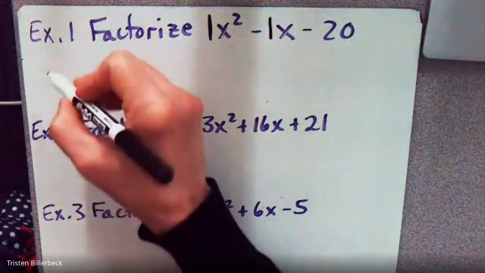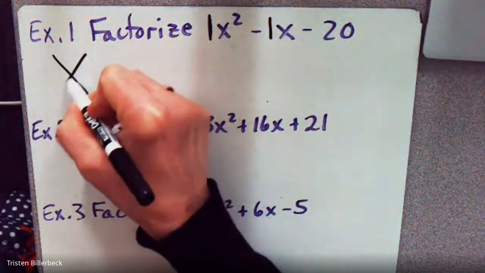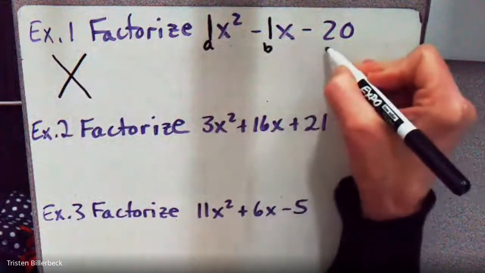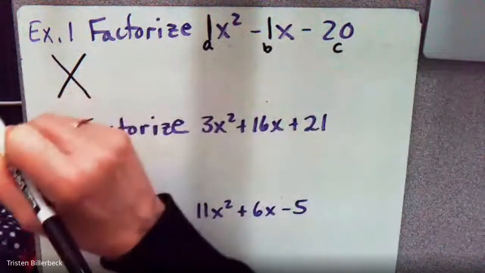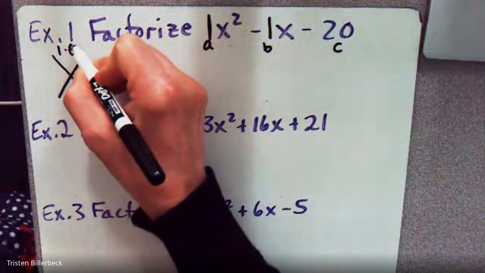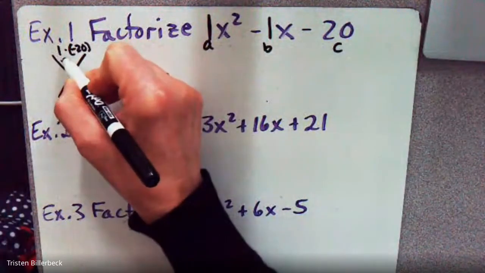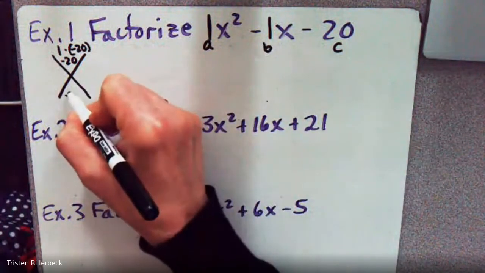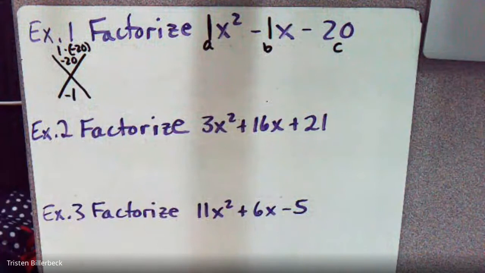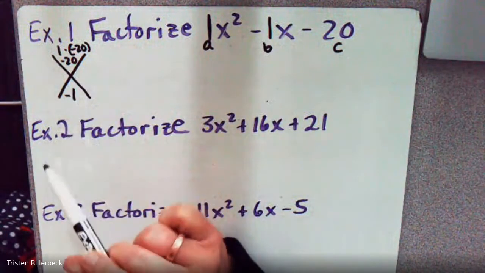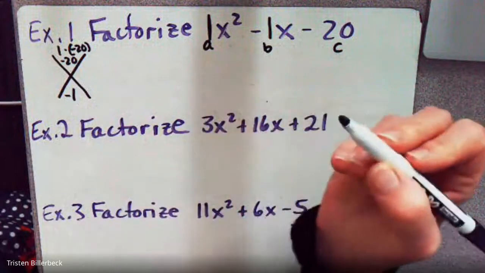Now if we use the diamond, our a, b, and c: a is 1 times c, which is negative 20, so that's negative 20. b is negative 1, so it falls down here.